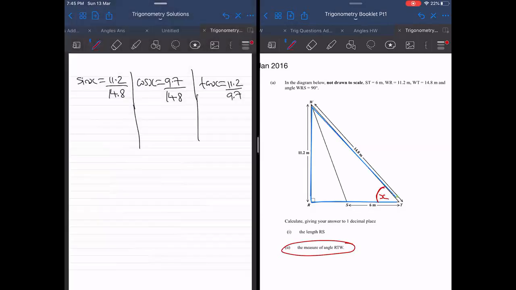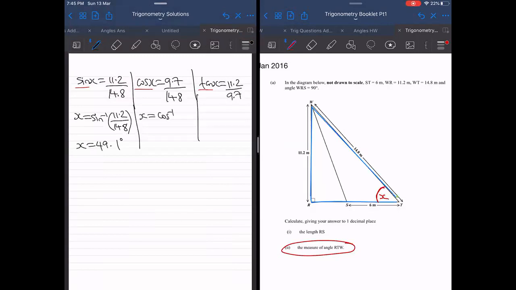To get rid of the sine, the cos, and the tan, we have to use the inverse. So x is the sine inverse of 11.2 over 14.8, which should give you 49.1.